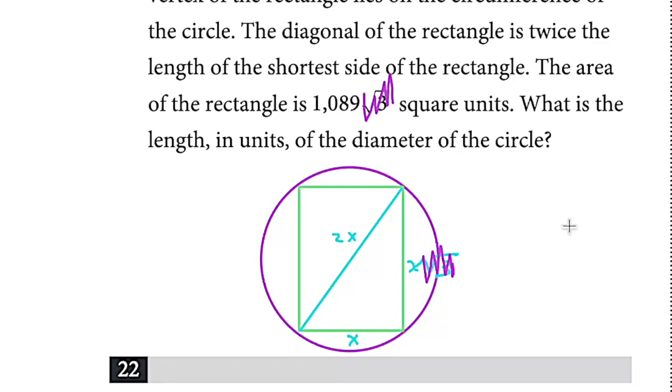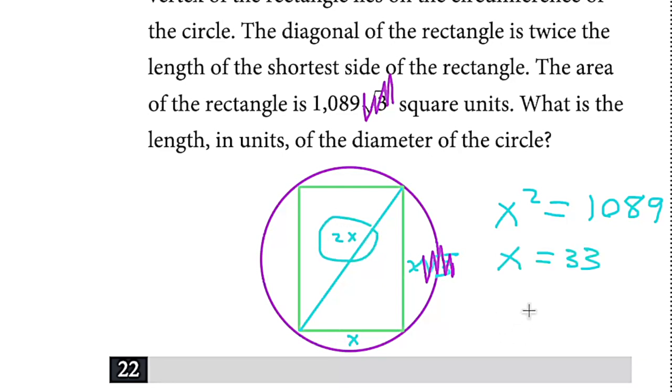What is the length of the diameter of the circle? The diameter being the diagonal, right? So if x squared equals 1089, what is the square root of 1089? 33. So x equals 33, and 2x is the length of the diameter, so 2x would equal 66, which is our answer.